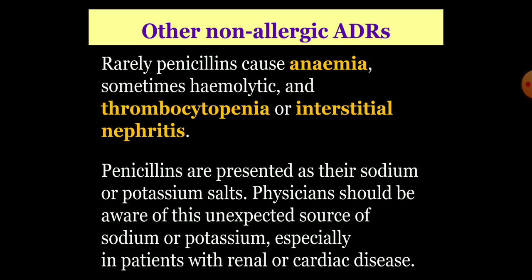Penicillins are presented as their sodium and potassium salt, especially carbenicillin, which contains a huge amount of sodium. So in patients suffering from heart failure, a drug like carbenicillin should be avoided. Otherwise, this excessive sodium load will precipitate further heart failure.